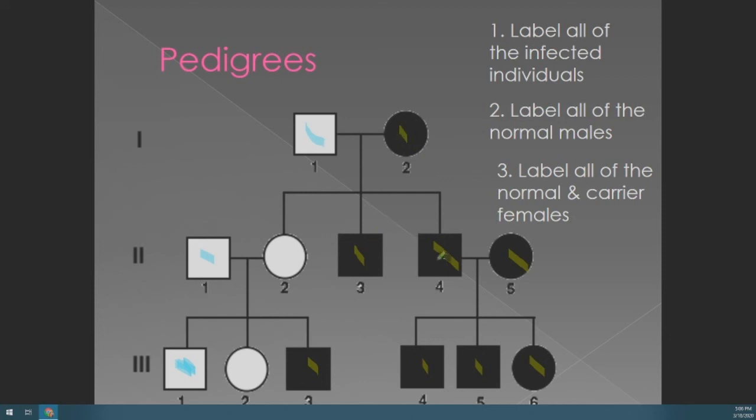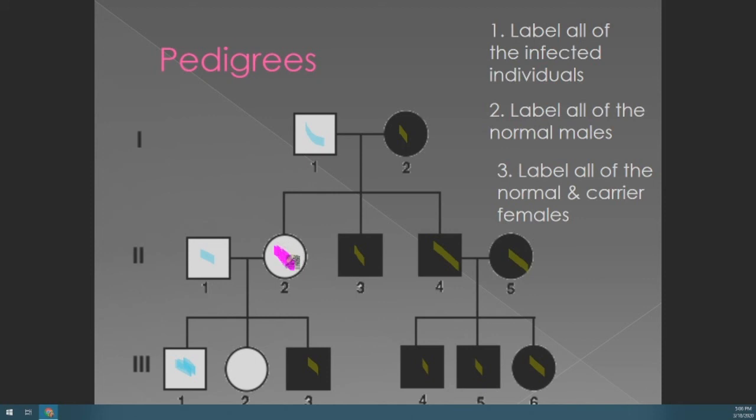We know that to get this infected trait, you have to have one trait from each parent to show it. So these individuals both got the affected traits. This individual we know had to get one affected trait and one non-affected trait. So remember, because she's heterozygous, she has one of each, she is actually going to be a carrier.